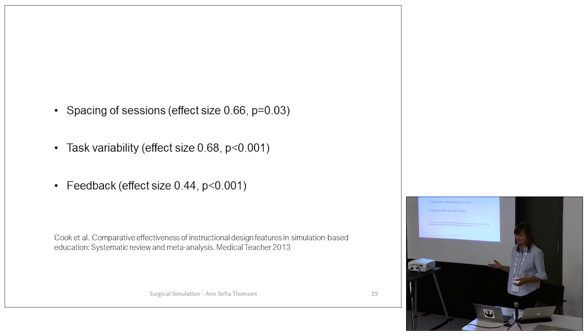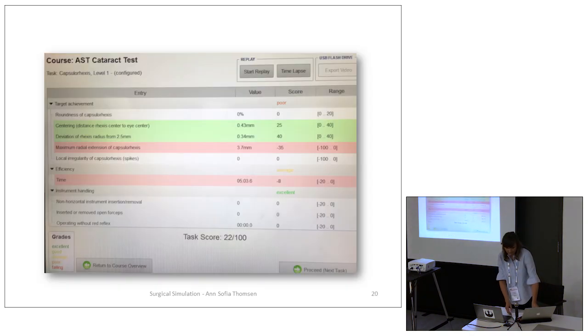So we do the spacing of sessions, task variability, and feedback. We use these, and of course the mastery learning, which is also called competency-based learning or proficiency-based training. And this is an example of the feedback provided by the simulator, as you all probably know.